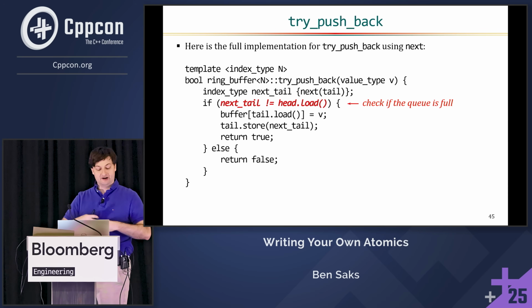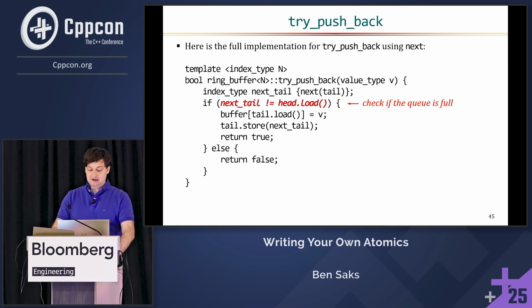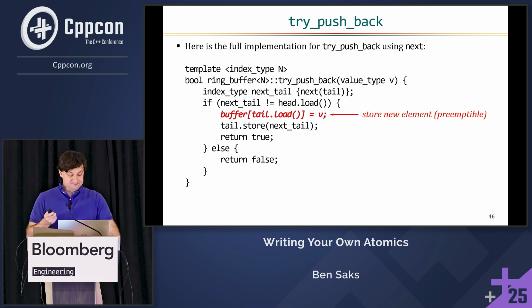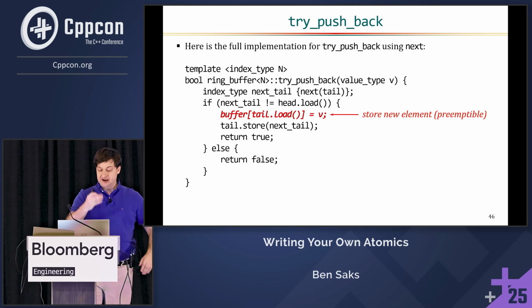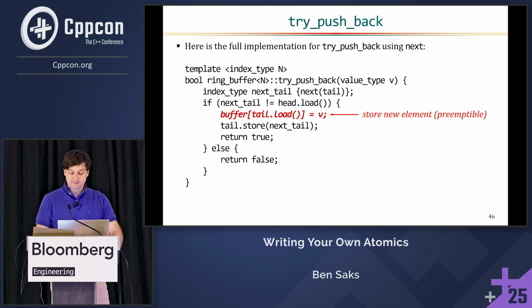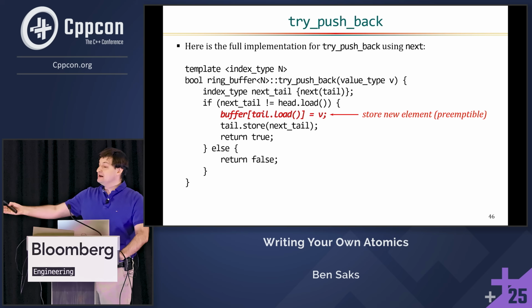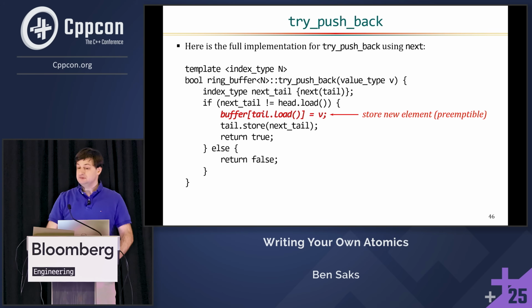That's not something that we can accommodate. Assuming that we don't find that the queue is full at the moment, we can go ahead and actually take the value that we've been given, v, and copy that element into my underlying storage, my array.